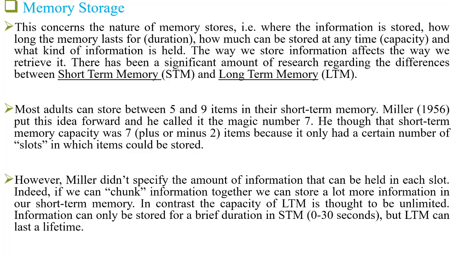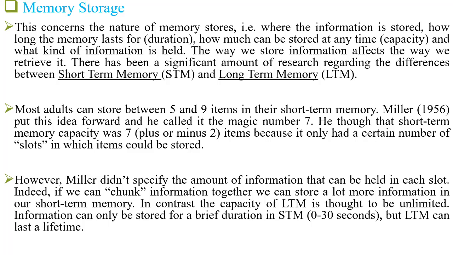So most adults can store between 5 and 9 items in their short-term memory. Miller, 1956, puts this idea forward. He called it the magic number 7.